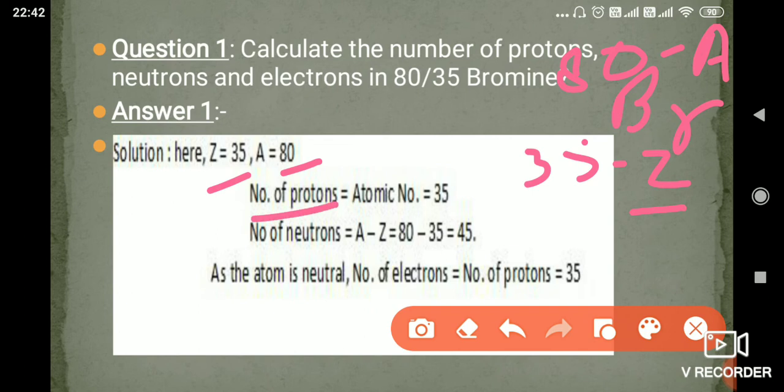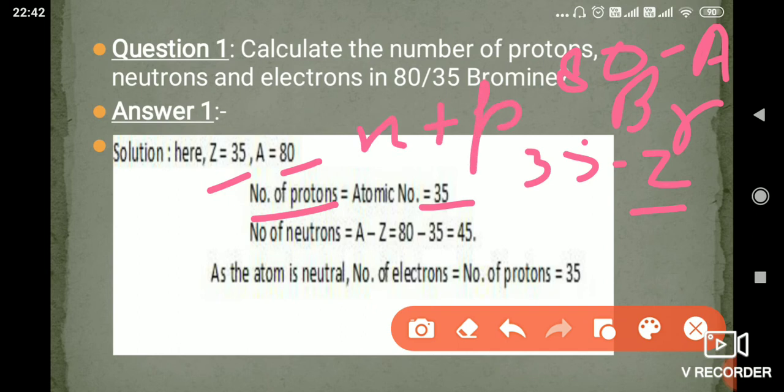So the number of protons equals the atomic number, 35. To find the number of neutrons, we know that mass number equals the number of neutrons plus the number of protons.